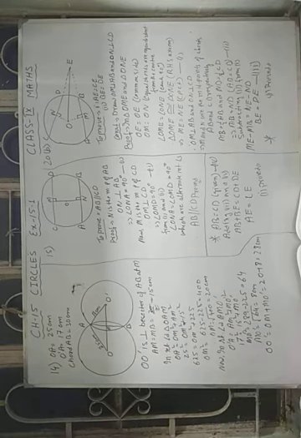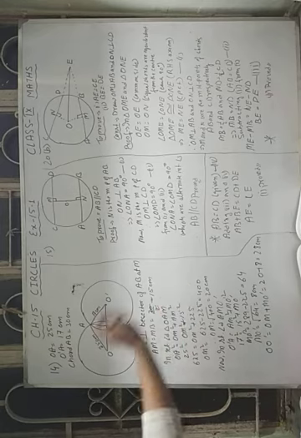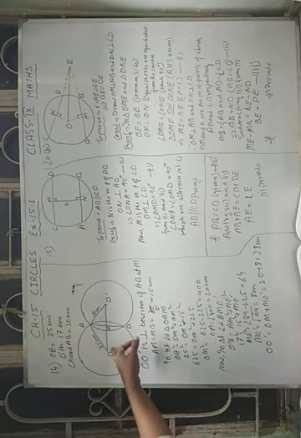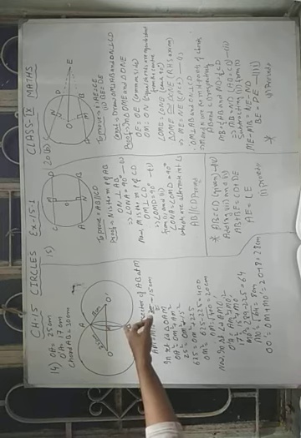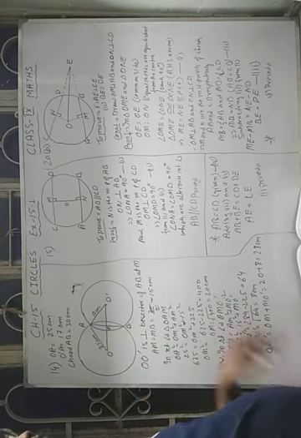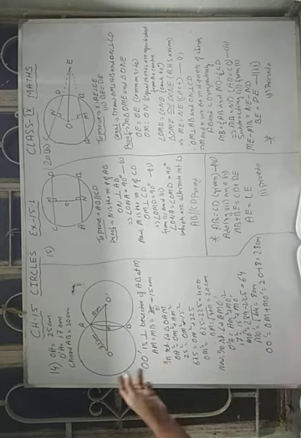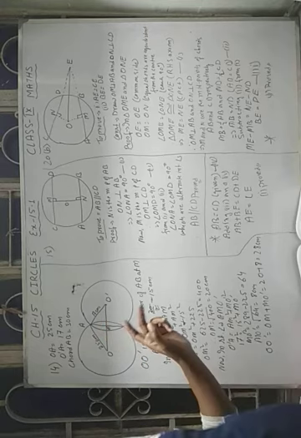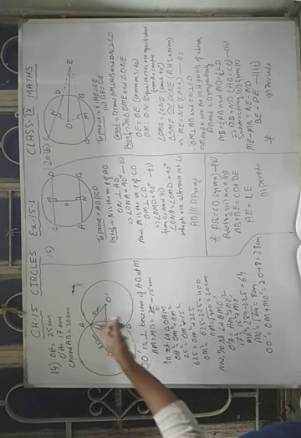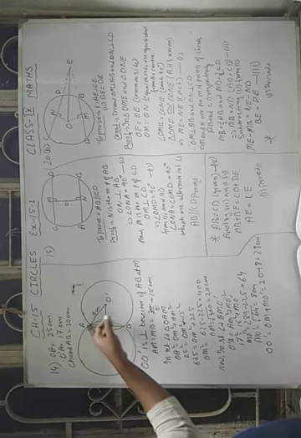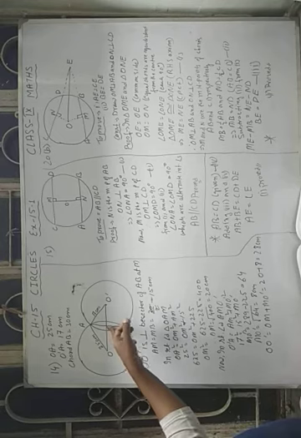Now, AB is the chord, and the line OO dash is perpendicular to AB and also bisects AB, because you know from the theorem that a line drawn perpendicular to a chord bisects the chord. So if you take this point M, O dash M is perpendicular to AB and OM is also perpendicular to AB, and this point M bisects AB at its midpoint.